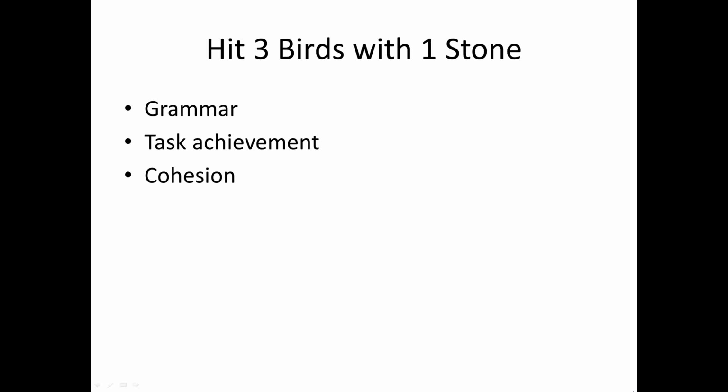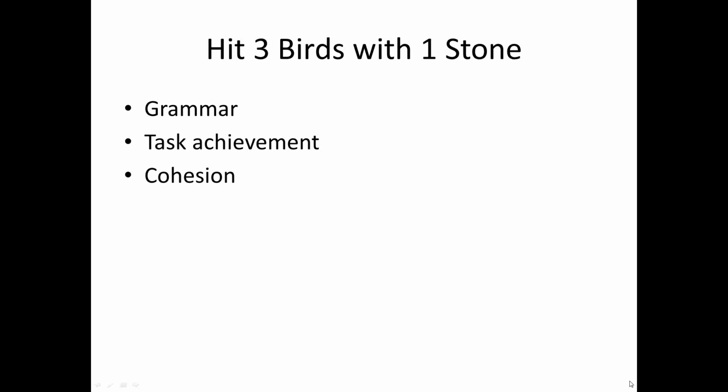But the beauty of what I've come up with here is that it really takes care of 3 problems you may be having. Now, by focusing on teaching the ideas and training the students to think about these things, you deal with task achievement first and foremost. So are they answering the question, and are they fully extending their answer?